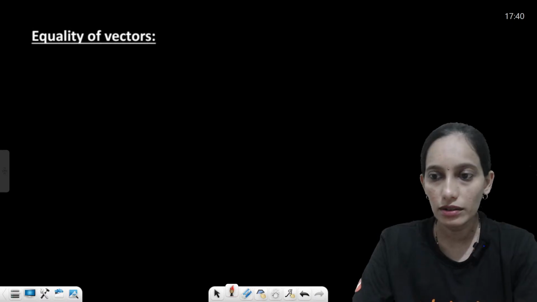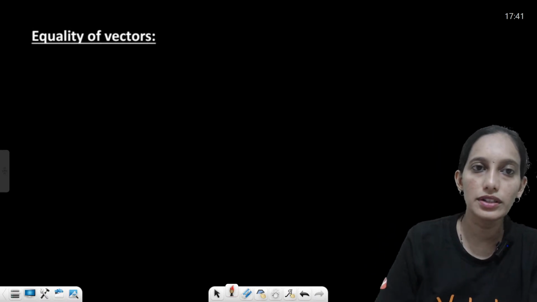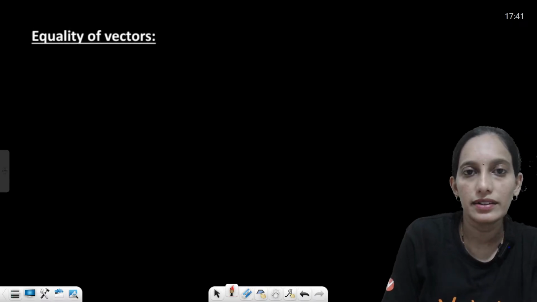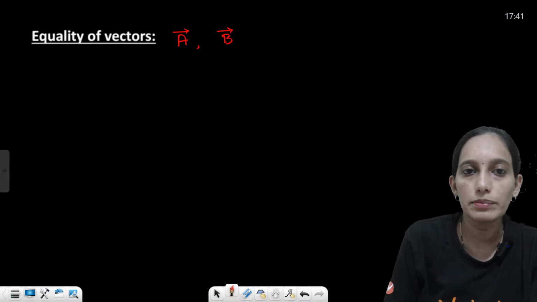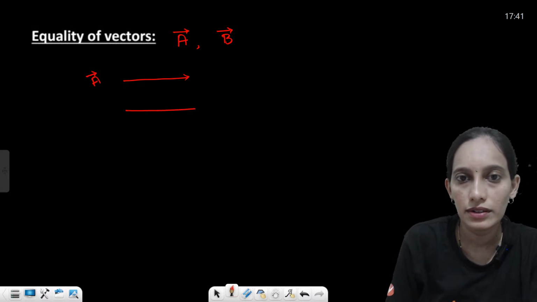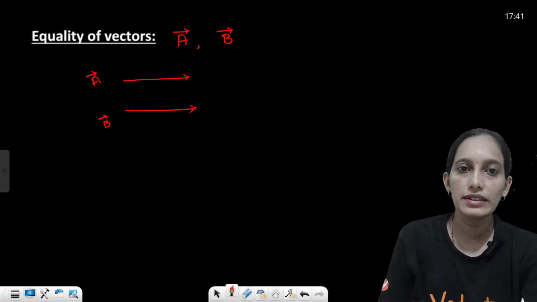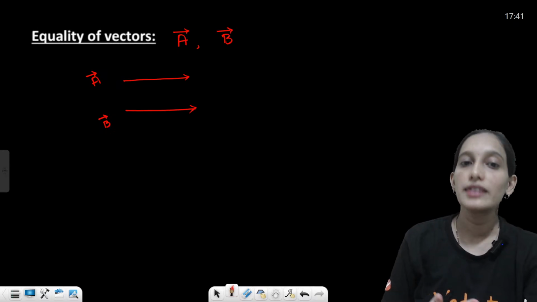One more thing we can define is the equality of vectors. Let us say there are two vectors, A and B. Let me say the A vector is like this, and the B vector is like this. We can clearly see that they are parallel.